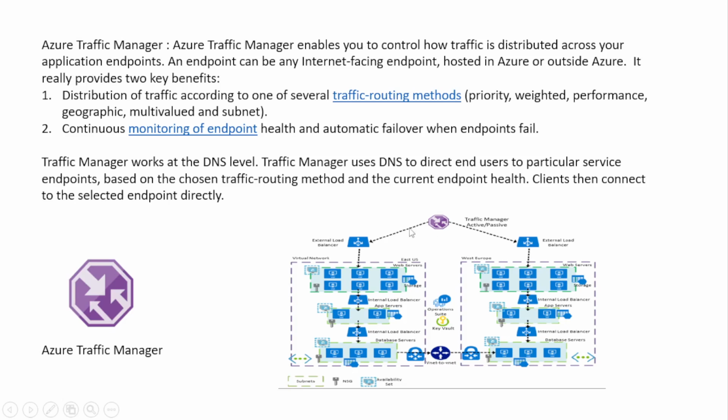In this scenario, we have an external load balancer, and behind that we have the web tier. Behind this we have two VMs behind the internal load balancer. The external load balancer will have a public facing IP, and the internal load balancer will have a private IP, and behind that we have databases, again behind an internal load balancer. So this is the basic architecture for a Traffic Manager.